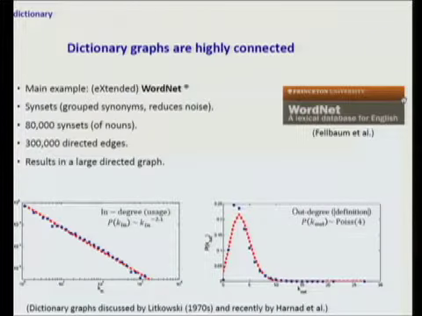Now we can look at the basic structural properties. The main example that we used, for reasons that I will explain shortly, is the online dictionary called WordNet, actually the version that is called Extended WordNet. This is an enterprise that belongs to Princeton University, by Christiane Fellbaum and collaborators. This is a special dictionary because it resolves the separate meanings of each word.